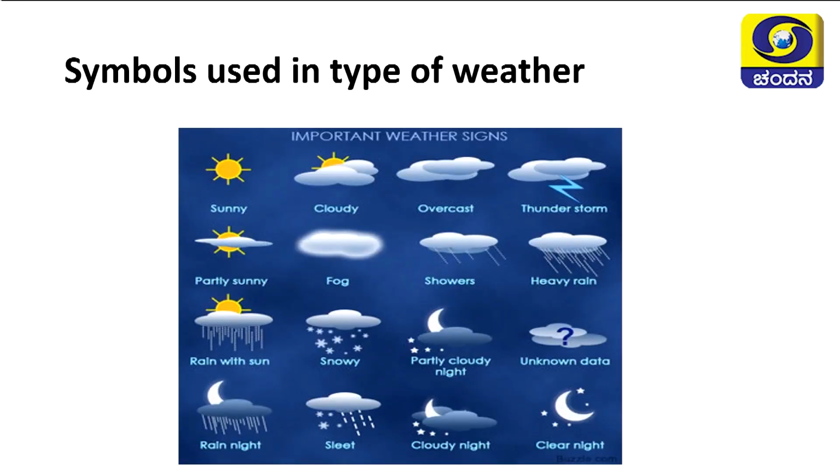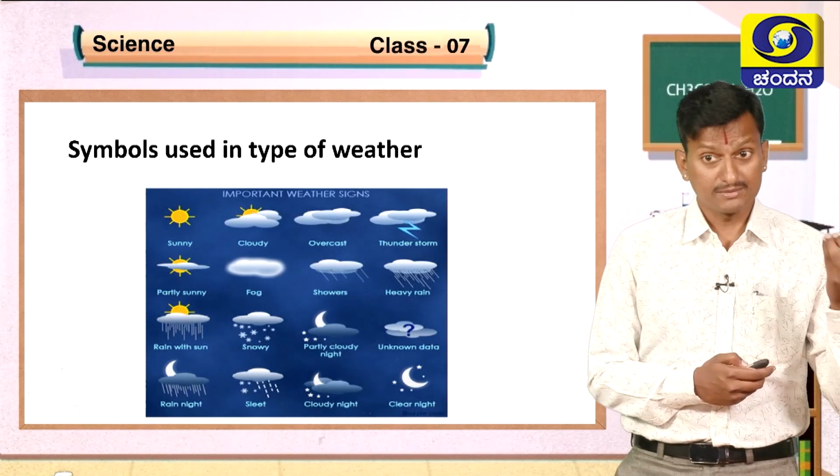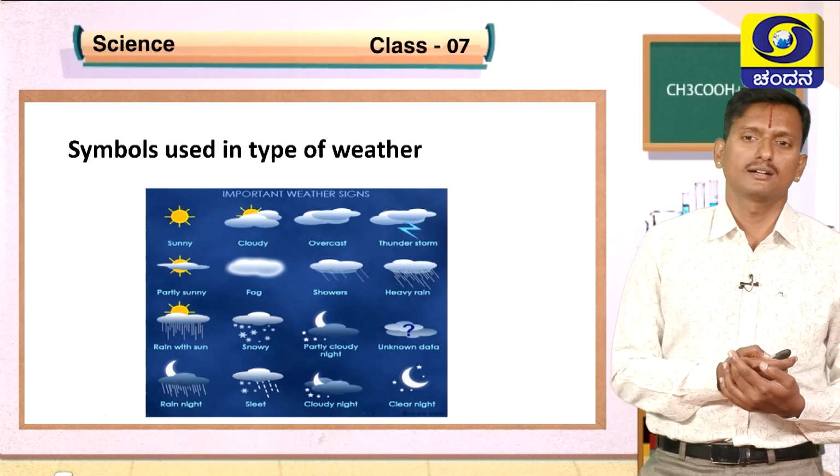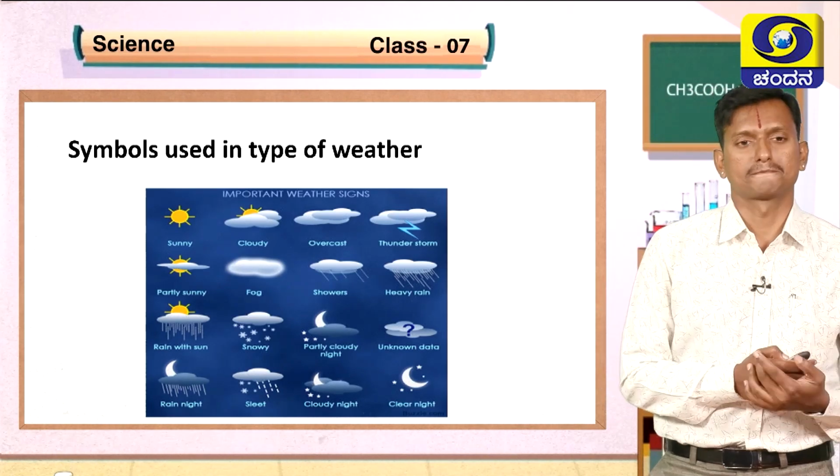Cloudy means cloudy, overcast, thunderstorm, partly sunny, fog, showers, heavy rain, rain with sun, snowy, partly cloudy night, unknown data, rain at night, sleet, cloudy night, clear night. So, some symbols are used while predicting the weather.